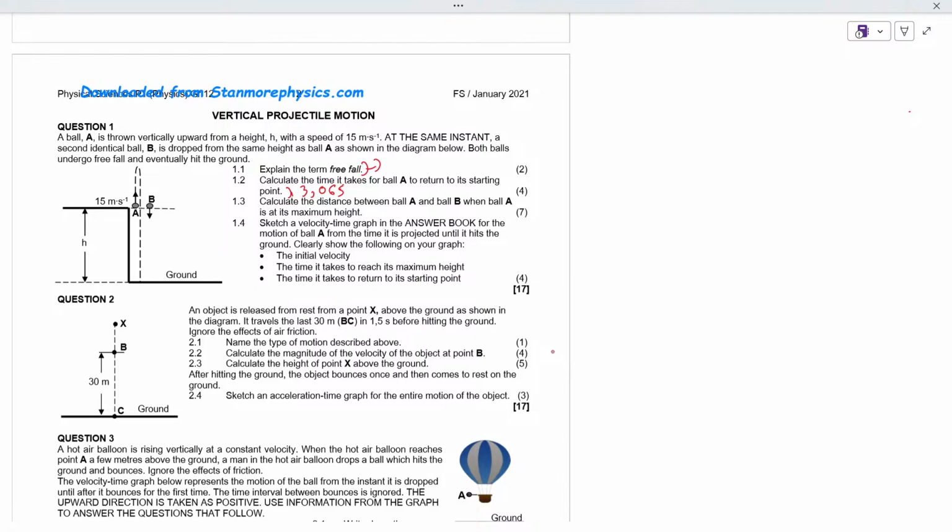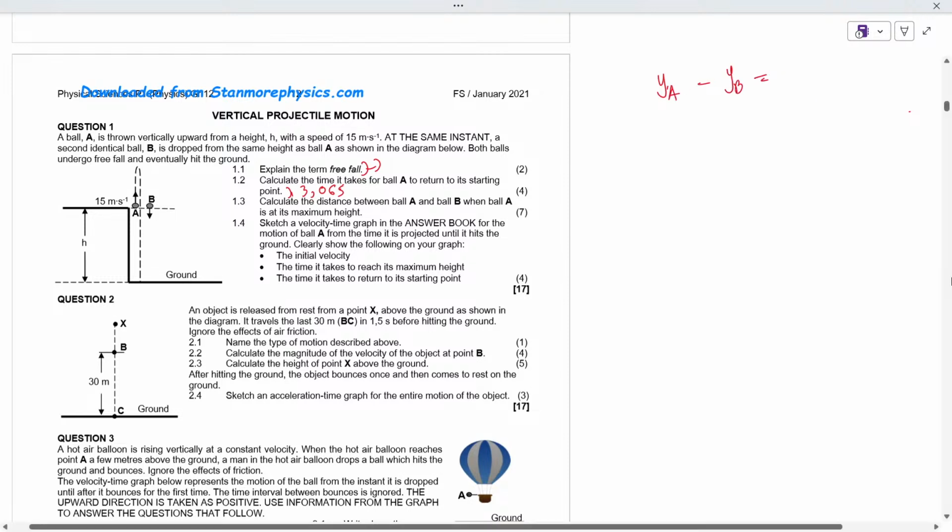So it tells us that when ball A is at maximum height, they want to know where ball B will be. We'll take the position of A because A will be on top, and then we'll just say minus the position of B, and then we'll get our distance.